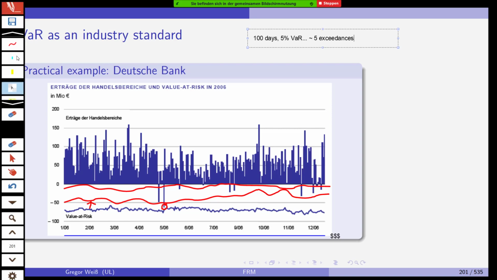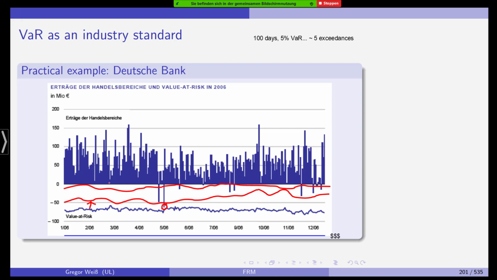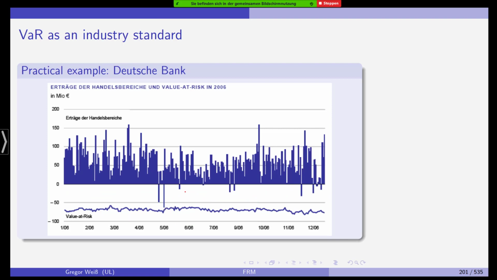And the second property would be that you would probably like those exceedances to be independent over time. It's not very nice if it looks like this. For example, if you have VaR exceedances that look like this.